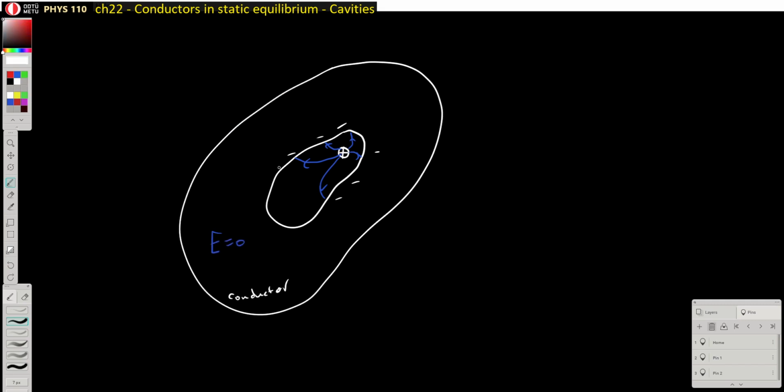How is this possible? At every point inside the conductor, this positive charge produces an electric field like that. Let me call this E plus. But there are also negative charges in here, and all of these negative charges also produce some electric field at that point.